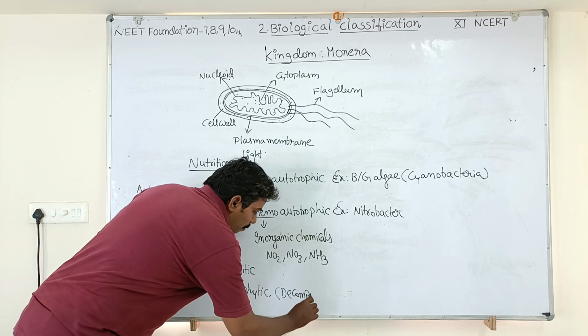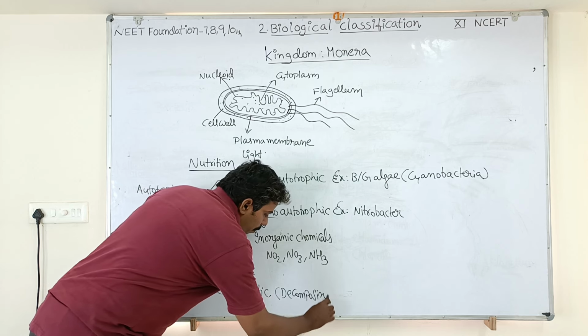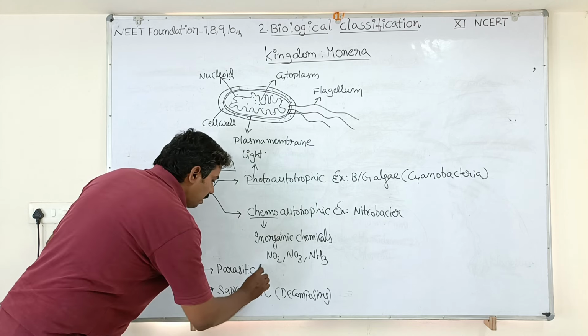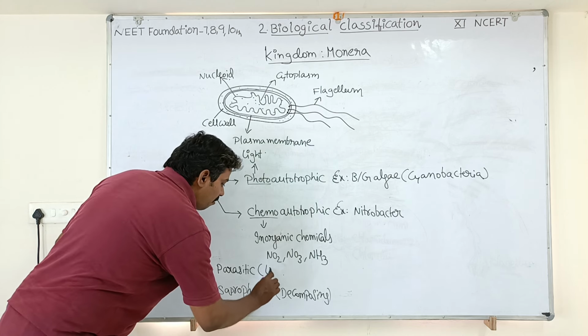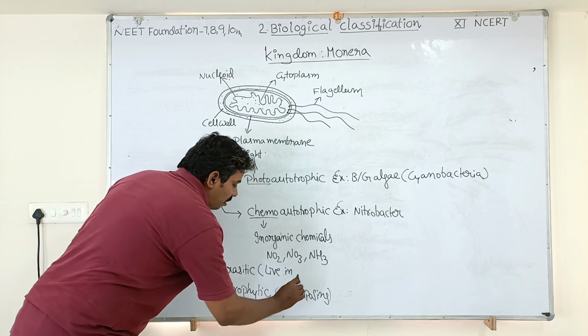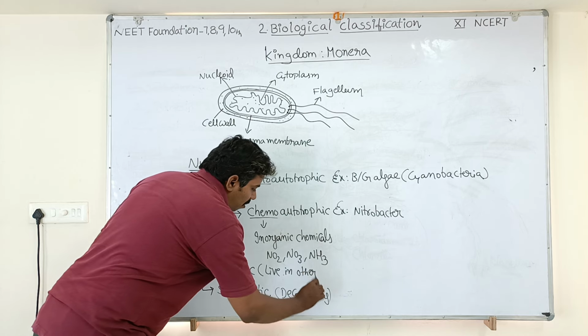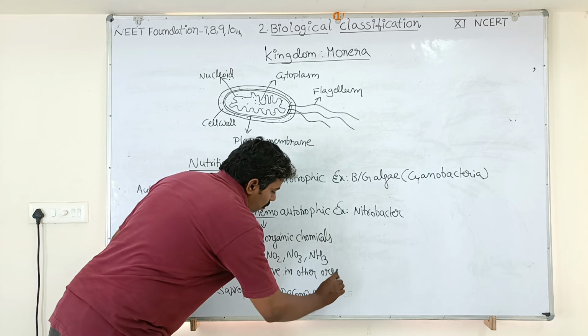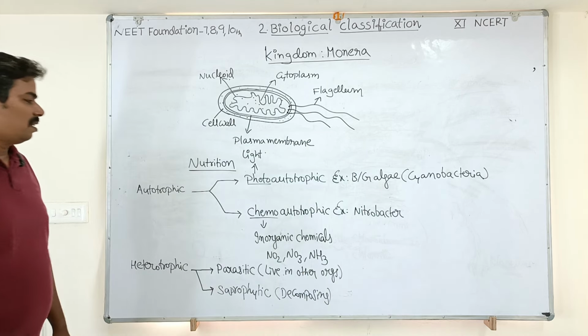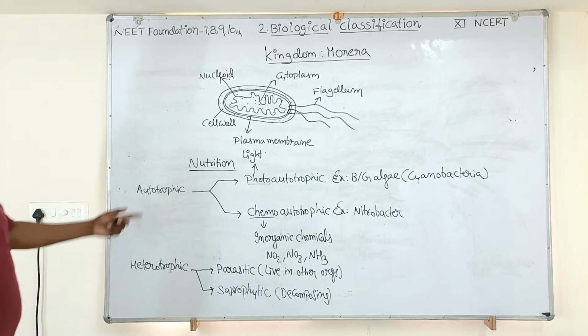Parasitic bacteria live in other organisms to obtain their food. So this is about the two different types of nutrition in bacteria.